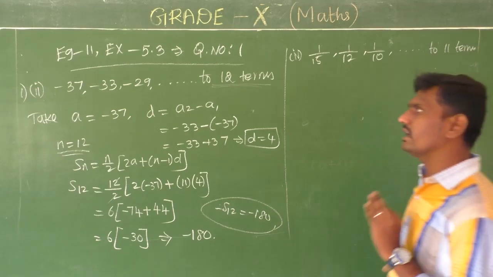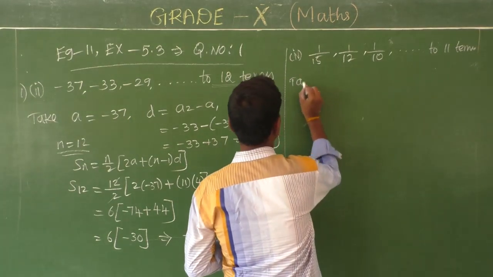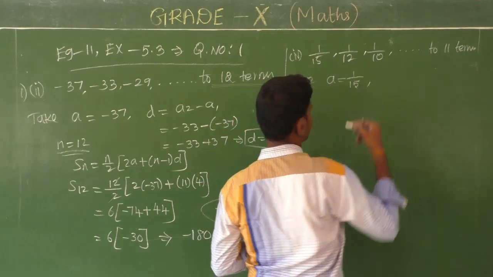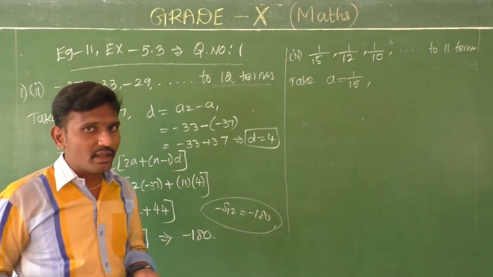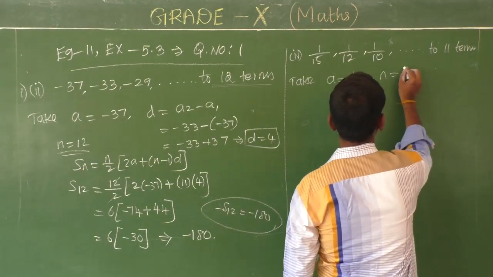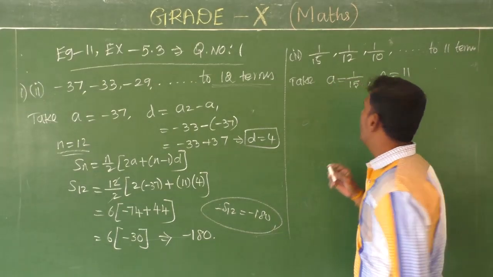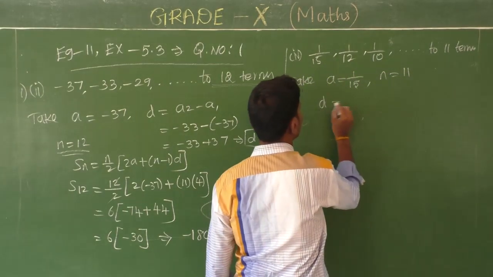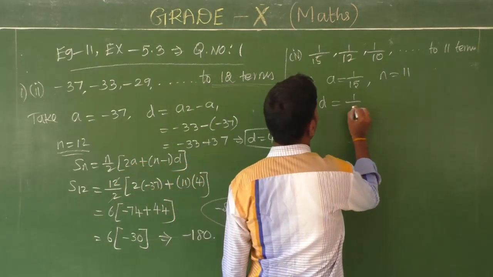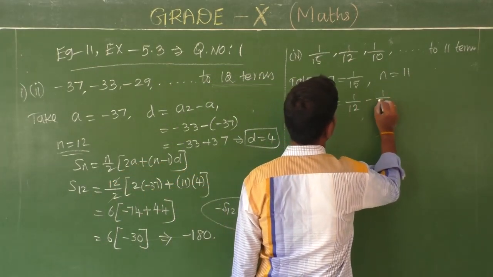Now, what are the terms we are going to take? First, the first term A equals 1 by 15. And next, what am I going to find? The common difference. And before that, n equals 11. So that's also right. And the common difference d equals A2 minus A1, so 1 by 12 minus 1 by 15.